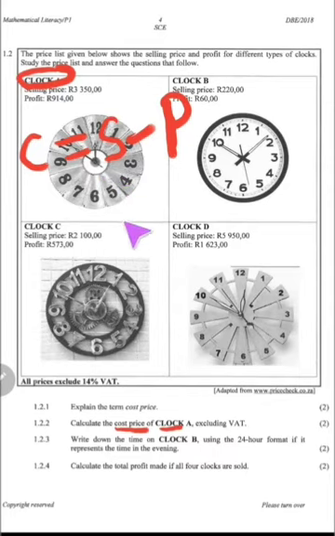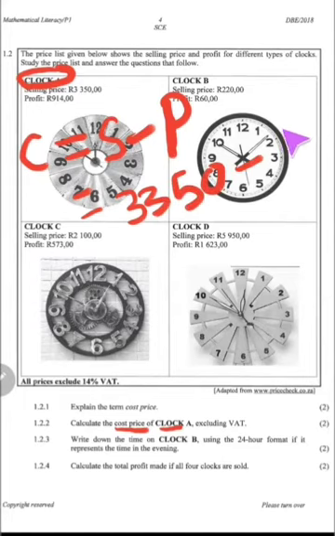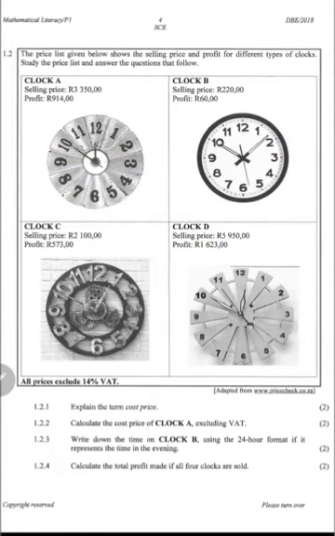So in this case, it would be 3350 minus 914. I would leave it to you to get the answer from your calculators. So selling price minus profit would get my actual cost price.